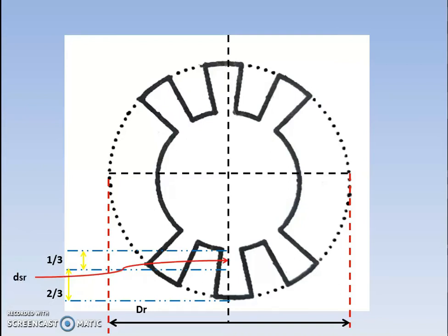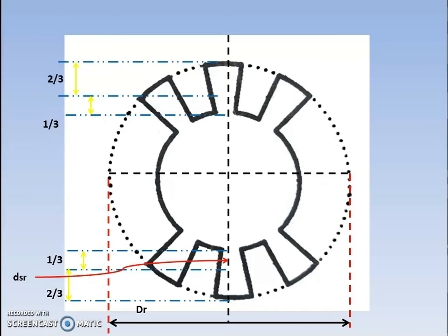This is known as the depth of the rotor slot. Same way on the upper side. On both the sides this is the same. So this is 1/3. Same way we have 2/3.